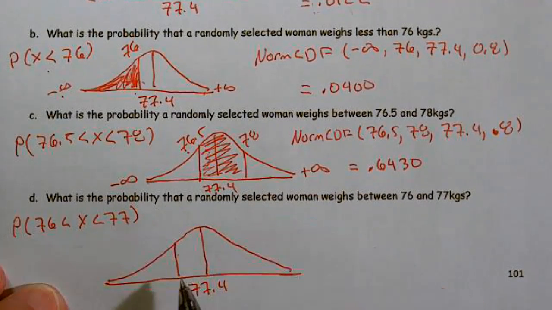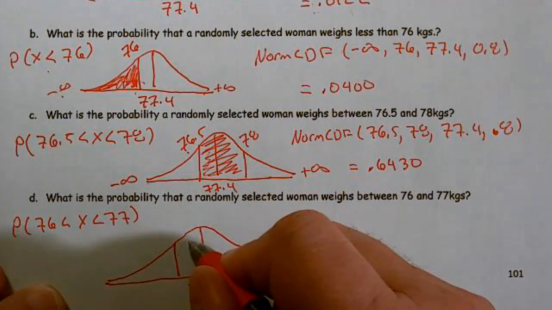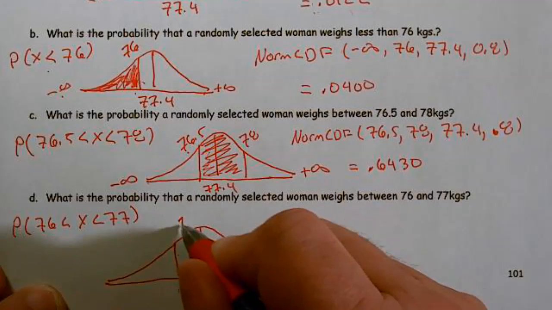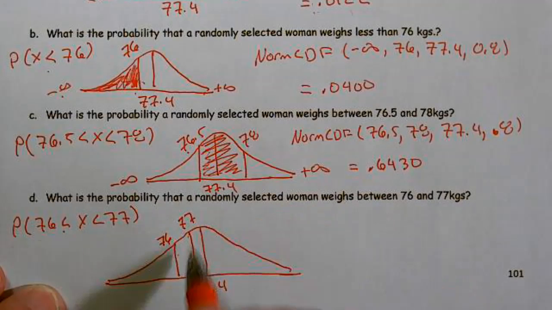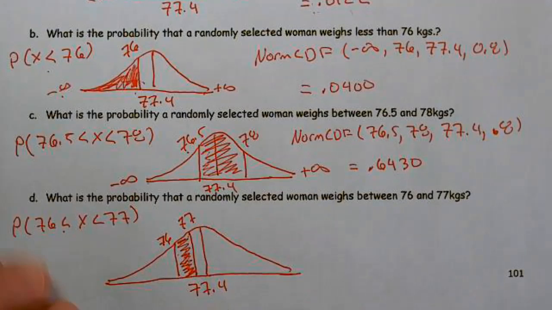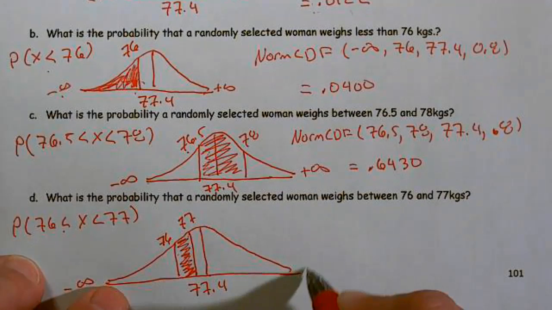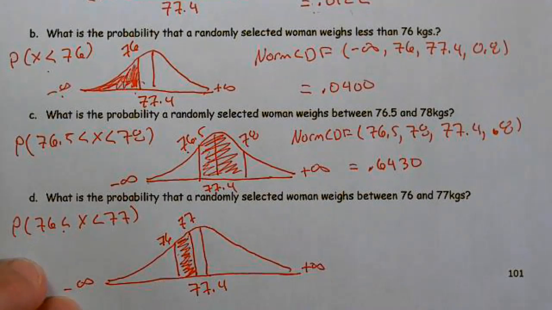So 76 and 77 are both below. So let's just say this is 77, this is 76, and I want the area in between. So that's what I'm looking for. Don't forget, this goes to negative infinity, and this goes to positive infinity.